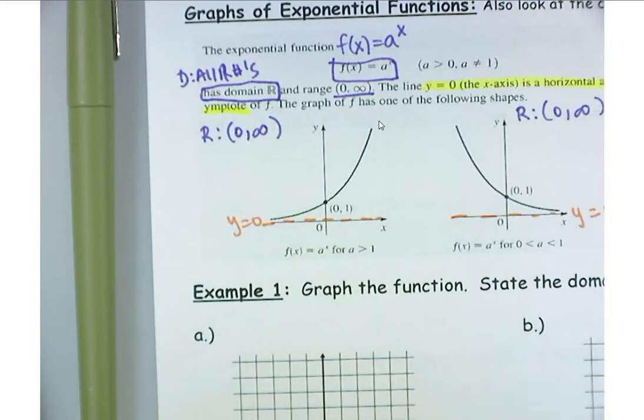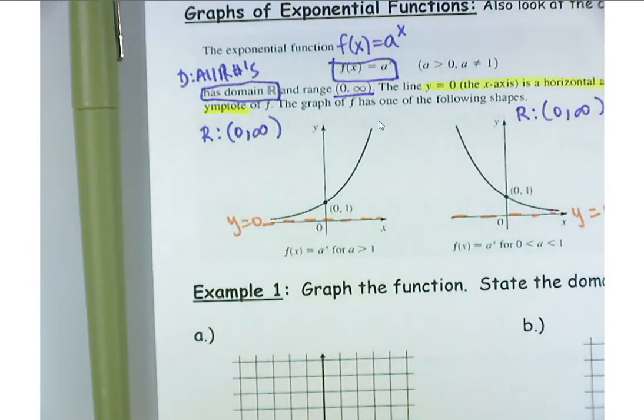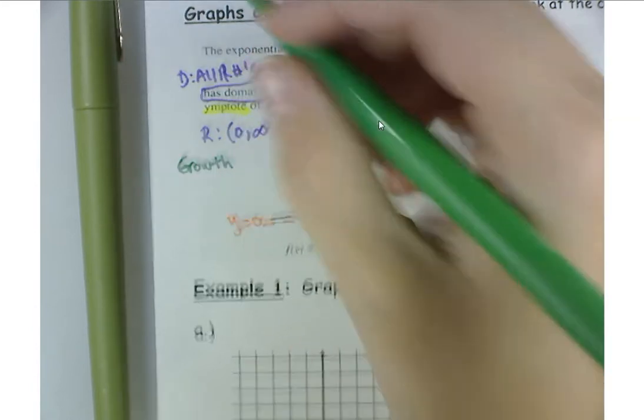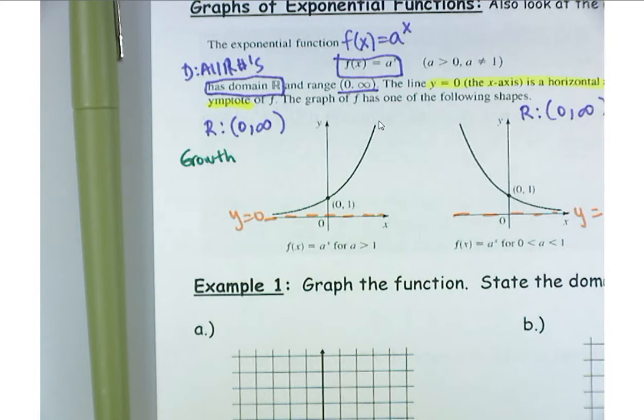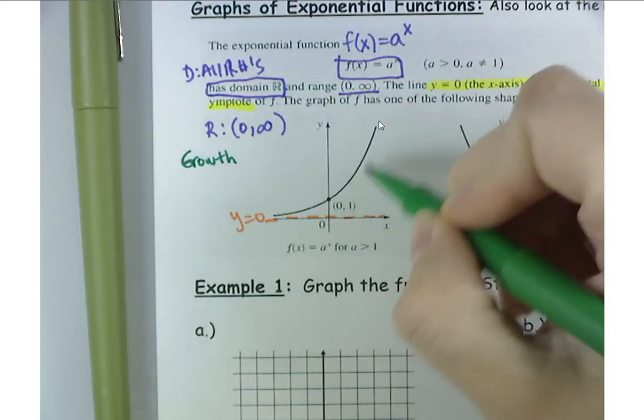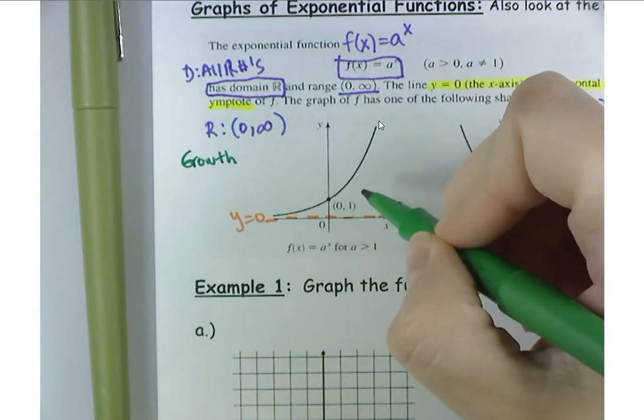Does this represent growth or decay? This is going to be growth. Growth is going to be on the right side, going away from the x-axis.